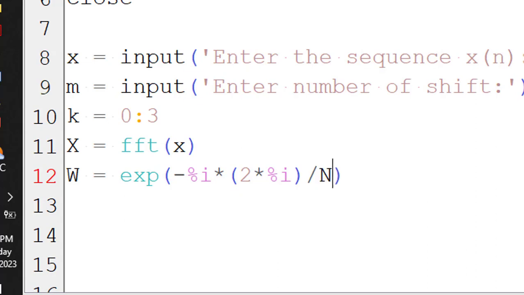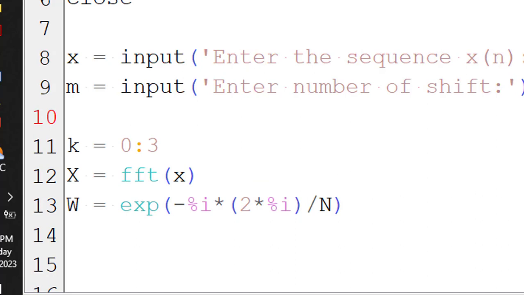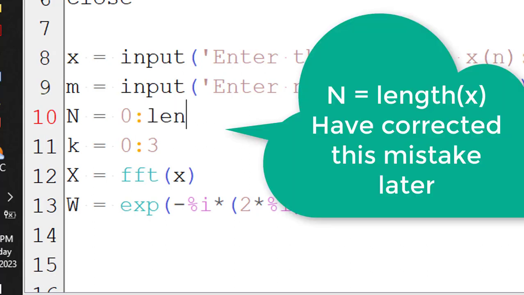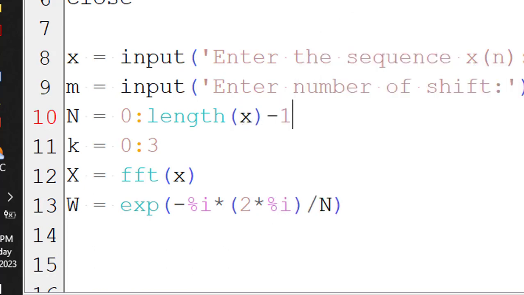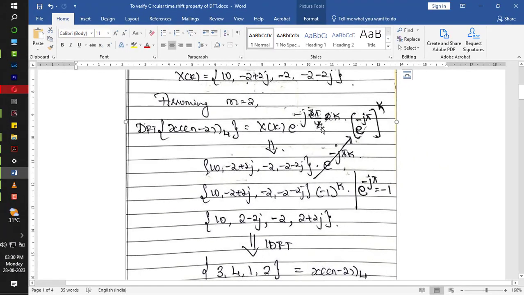And yes, we did not define what n is. We'll do that. N starts from 0 and ends at whatever the length of the input sequence we have, length of x minus 1. Okay, so n is defined now. So e power minus j 2 pi by n, in our case is 4 times 2k.